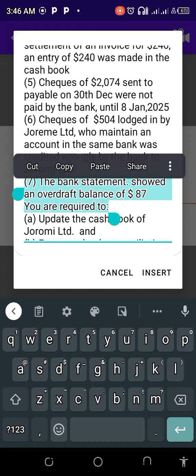The items we use in the adjusted cash book are items 1, 2, and 4.